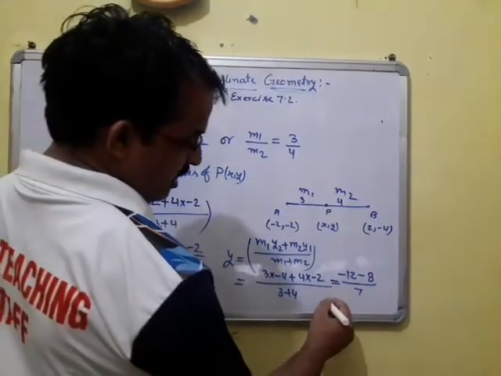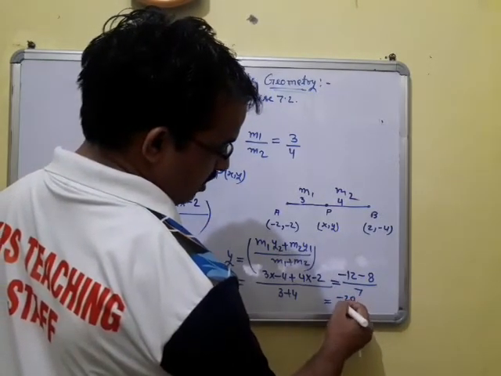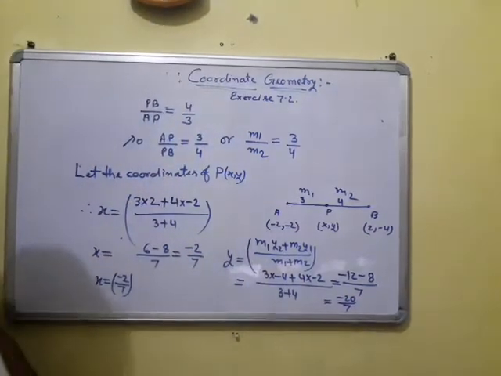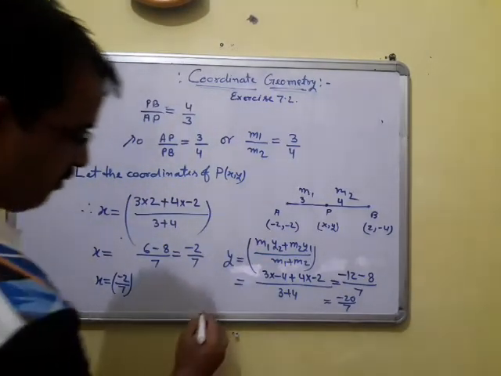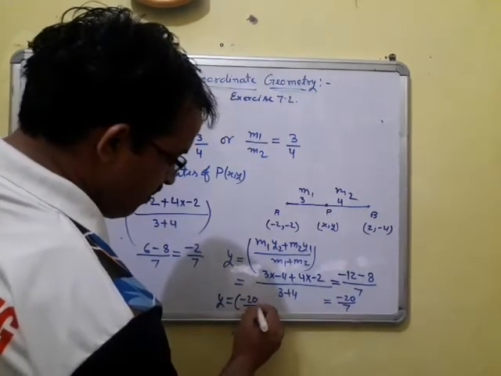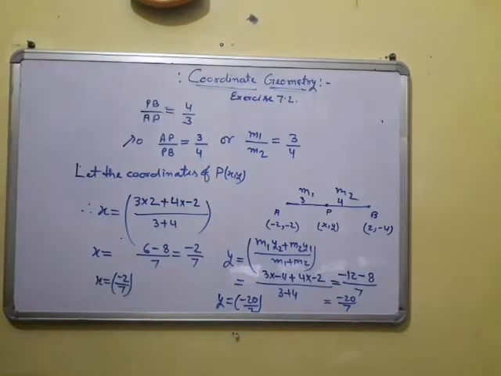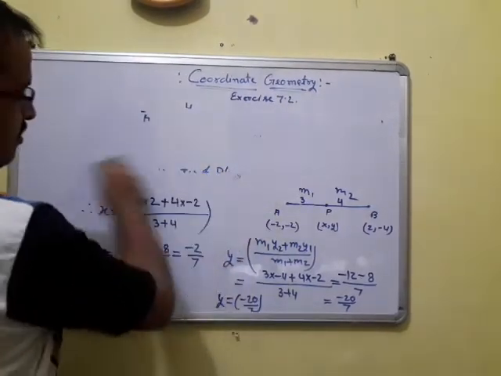Both portions are negative, so this is a negative sum, 20/7. What do we find here? Y is minus 20/7. What is the answer? So the coordinates of P, right here is the answer.